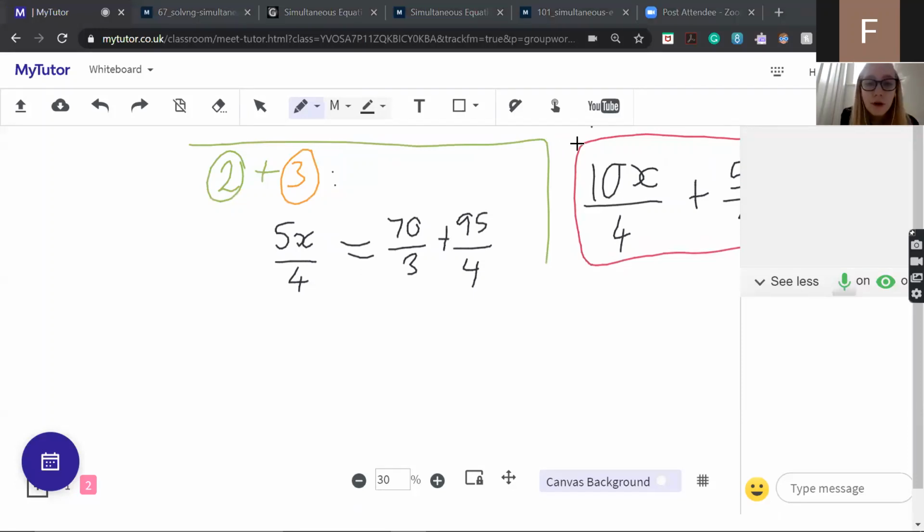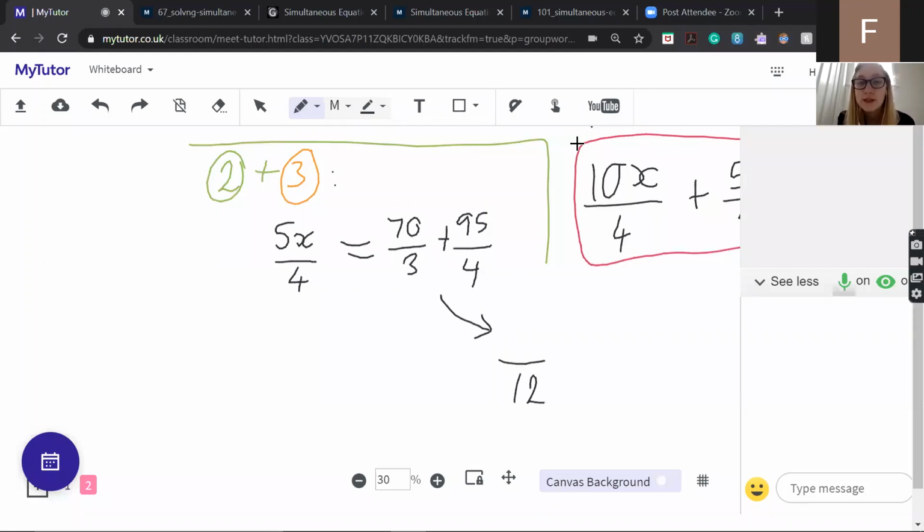So we're going to do some horrible adding of fractions here. So I'm going to times 70 over 3 by 4. I'm going to give them both a denominator of 12. So 70 times 4 is 280. And then I'm going to times this one by 3. So 95 times 3 is 285. And then add these.